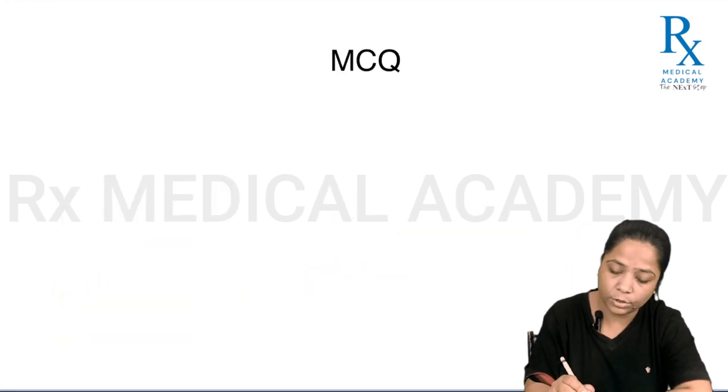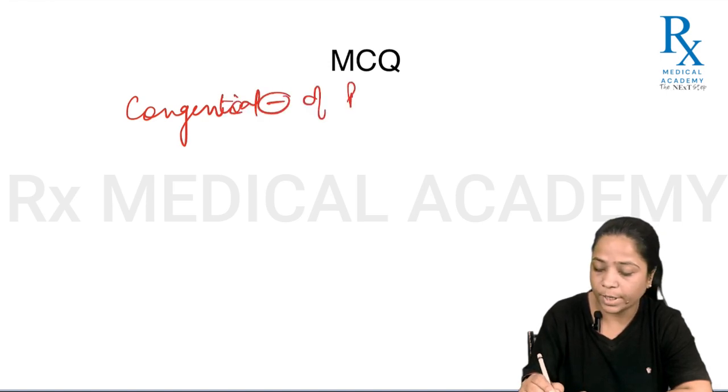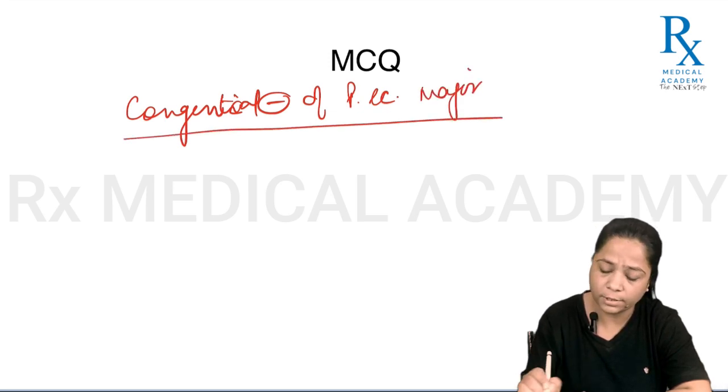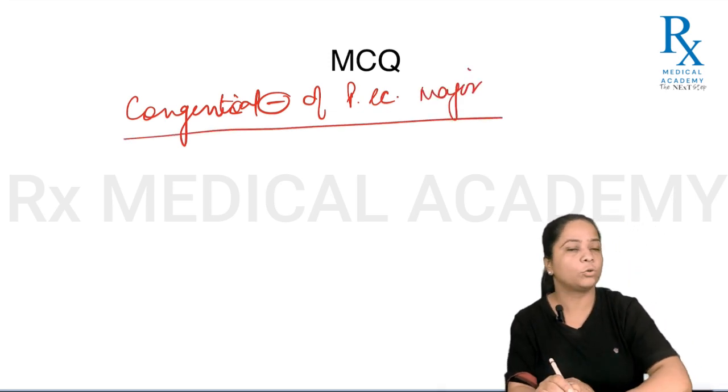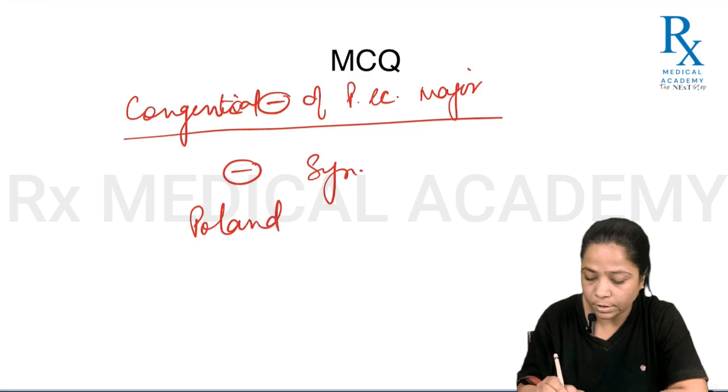And the MCQ is about congenital absence of pectoralis major muscle. It is a very rare case, but sometimes pectoralis major muscle is absent, and this syndrome is known as Poland syndrome.